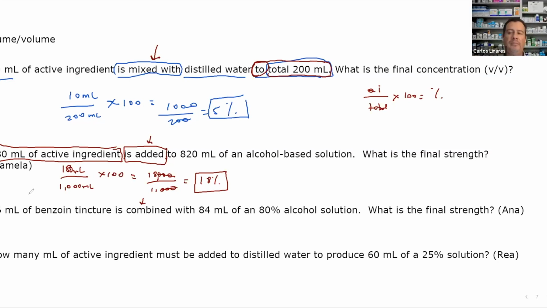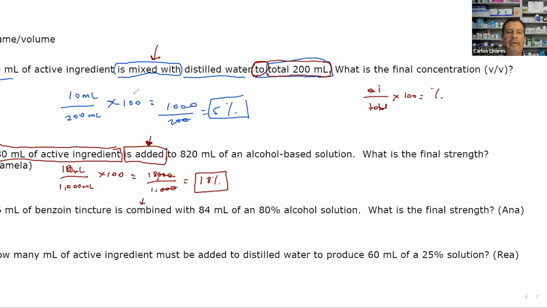Christina, are you understanding? Or are you lost? I'm just wondering where the 1,000 mL is coming from. From 180 over 1,000 mL, because 180 added to 820 gives me 1,000. Oh, okay. Remember, it's saying it's added, so when it says that, we have to add them together.